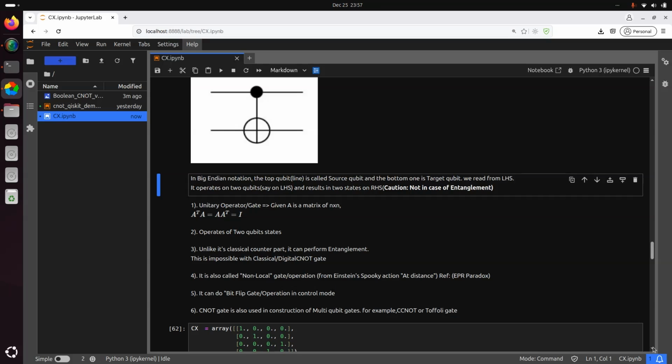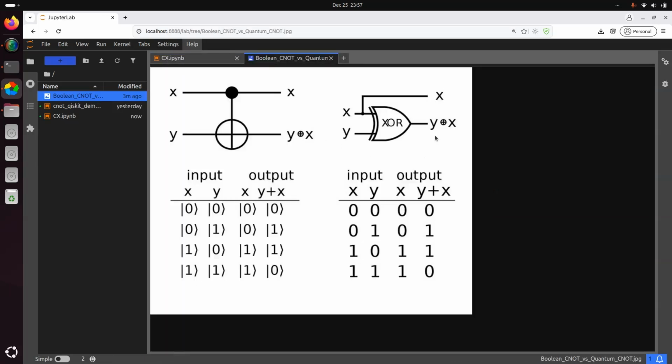The CNOT gate, as we discussed in the beginning, is a 2 qubit operator. It actually transforms, or interacts between, 2 qubits. Unlike its classical counterpart, it can perform entanglement. So let me show you the classical CNOT versus quantum CNOT. On the right hand side, this is a CNOT operator in Boolean algebra, and this is the truth table.